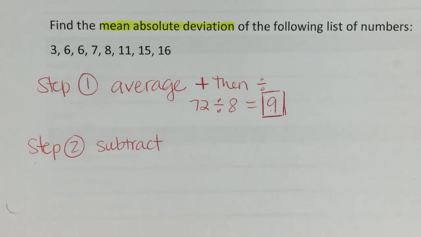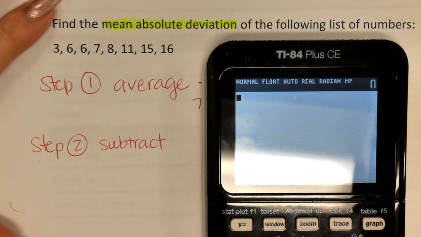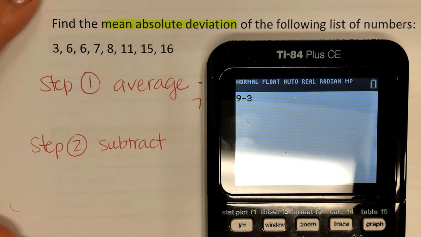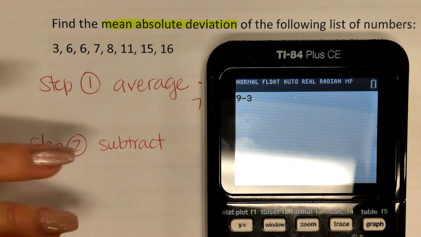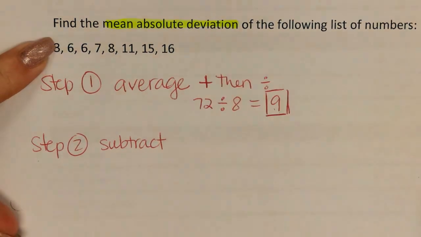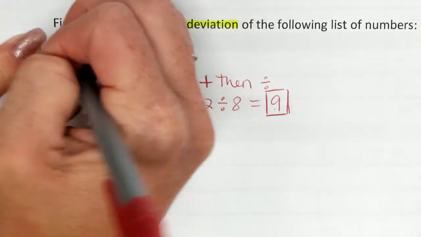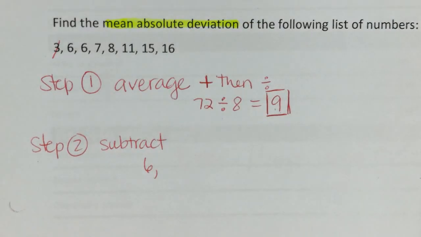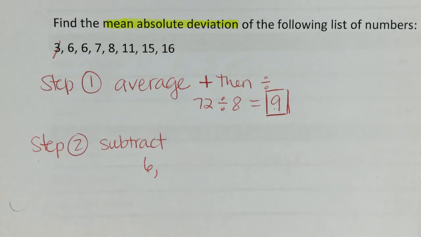Just write the positive number. Okay, so here we go. I'm going to do 9 minus 3. And I'm going to tell y'all, to be successful on these problems, you have to be organized. So what I do is I do 9 minus 3. That's the first number. Hit enter, write it down, and then mark it off that you've done it. That's how you get organized.